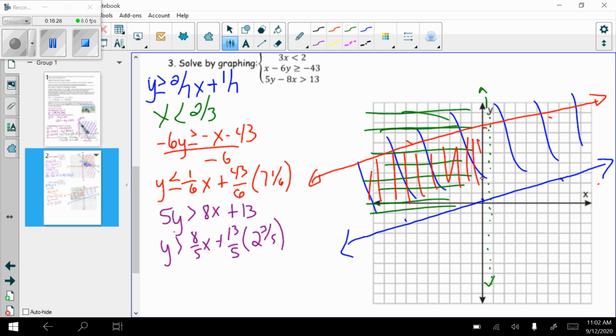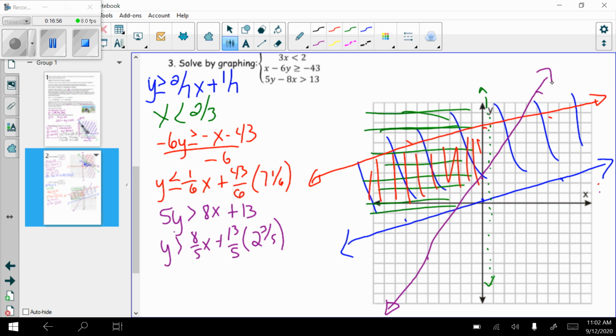My slope is up 8 over 5, somewhere about right there. I could go down 8 over 5. So like that is the line.